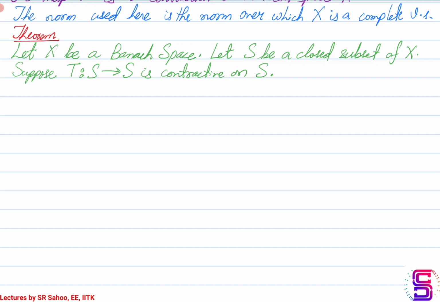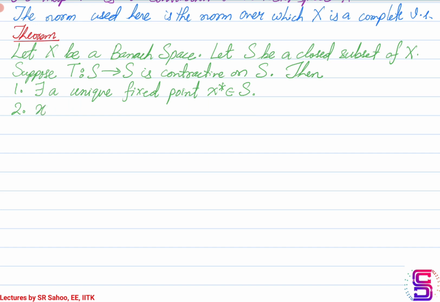So under these conditions, that X is a Banach space, S is a closed subset, and there is a contractive mapping with respect to the subset S, then one, there exists a unique fixed point x star in S. So there is one and only one fixed point corresponding to this contractive mapping on S.